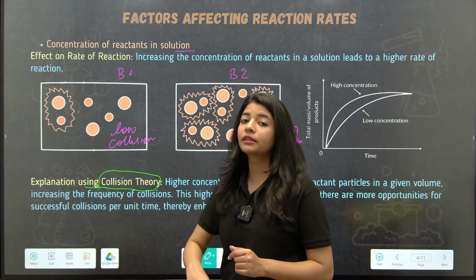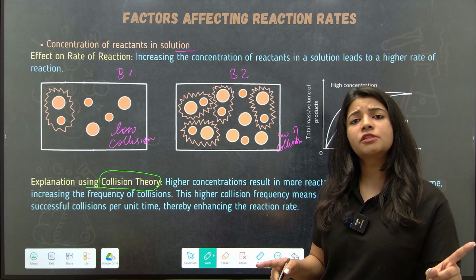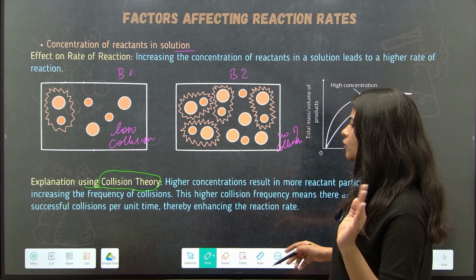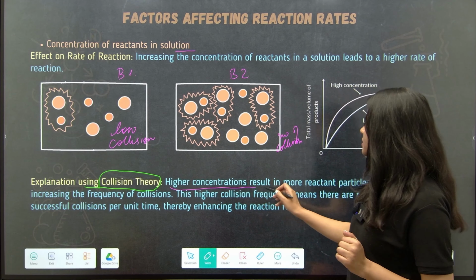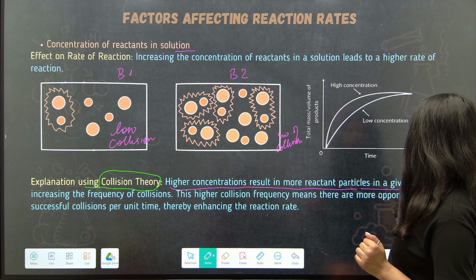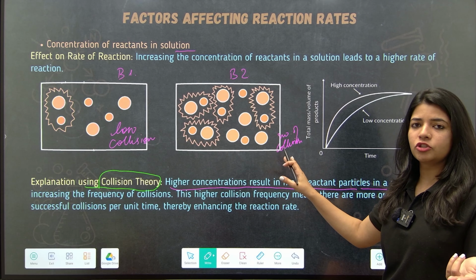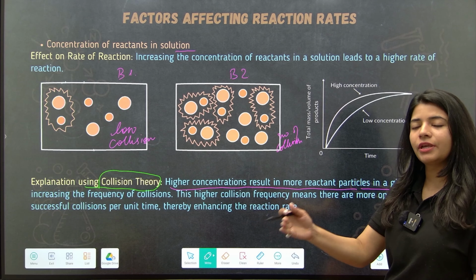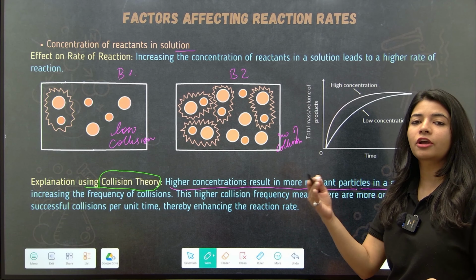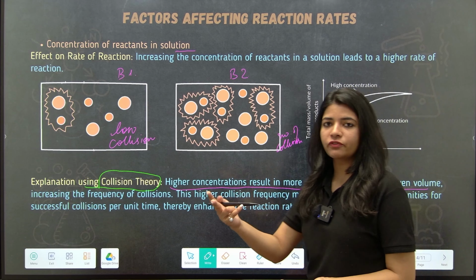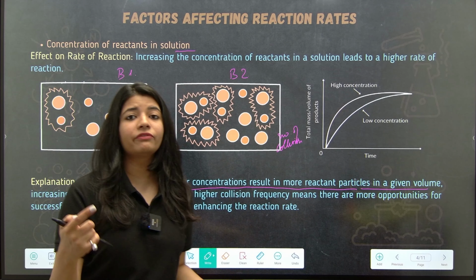That is why I'm saying go check out the video. In the first part of this chapter, we studied collision theory. Higher concentration results in more reactant particles in a given volume. The volume remains the same, but the number of particles is changing. The concentration is changing. As the concentration changes, the rate of reaction changes. More the concentration of reactant, more is the rate of reaction.